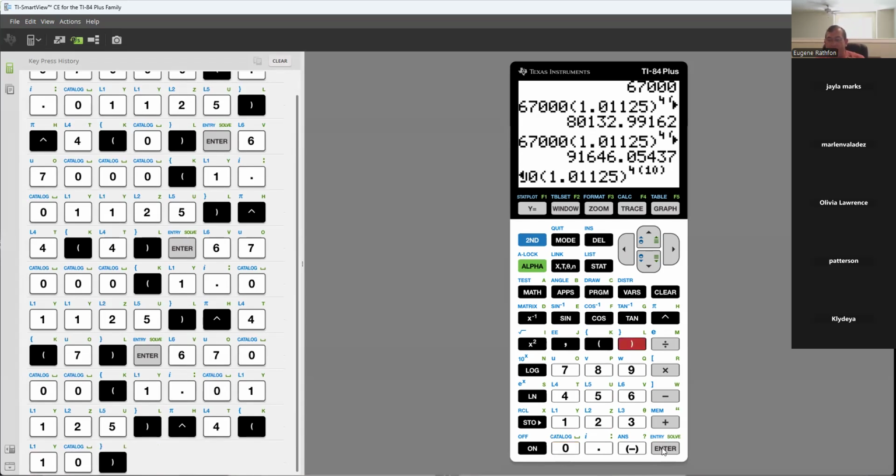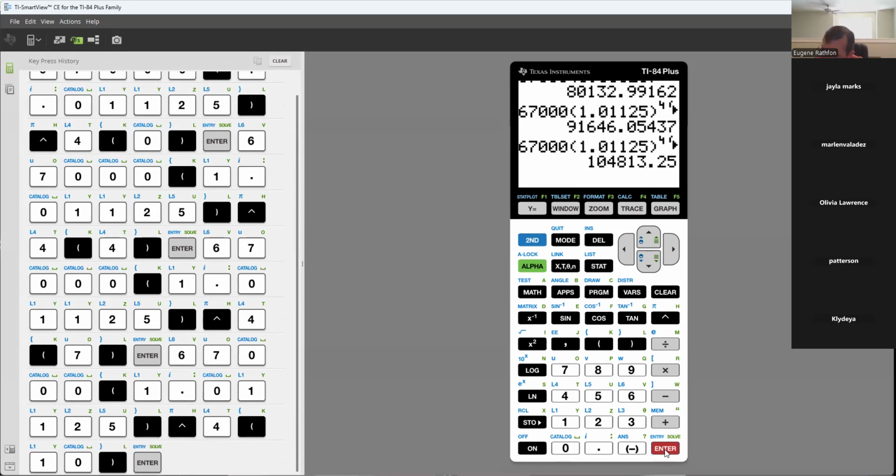So after 10 years, if you invest $67,000 at a 4.5% interest, compounded quarterly, you will have 104,800. And let's see, the 3's in the dollar spot, but it's got a 2 after it, so I'm going to leave that a 3. So you have almost 105,000, okay? So y'all, that was one way to do this.